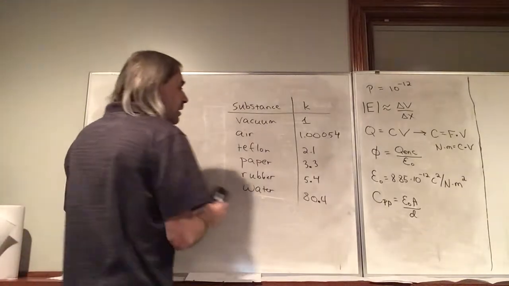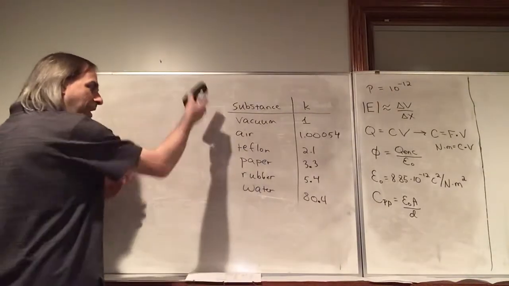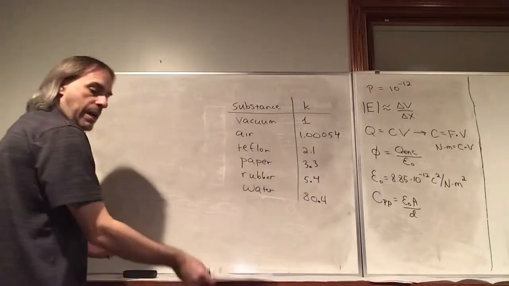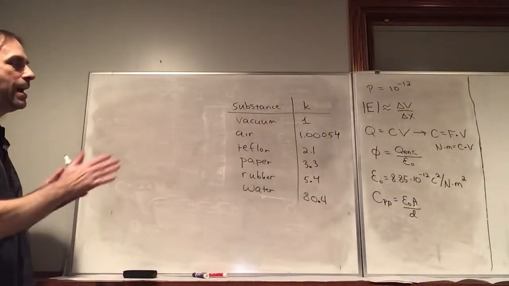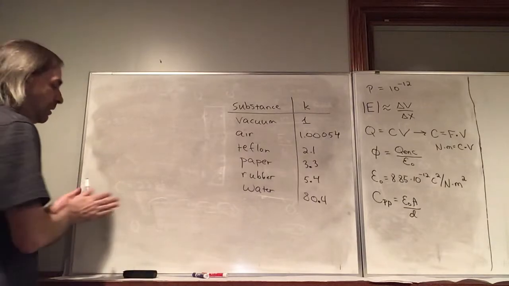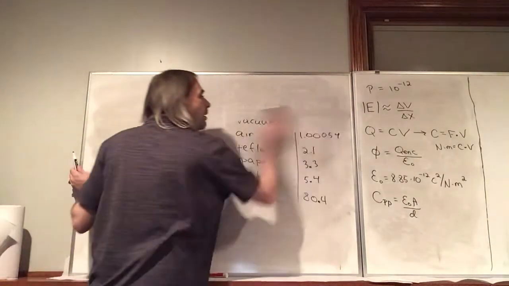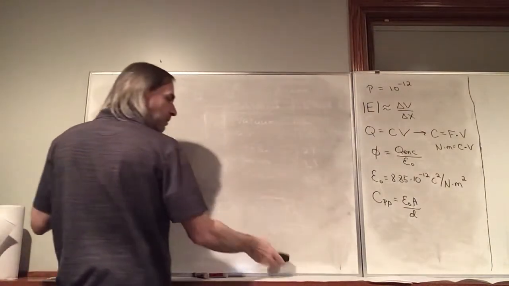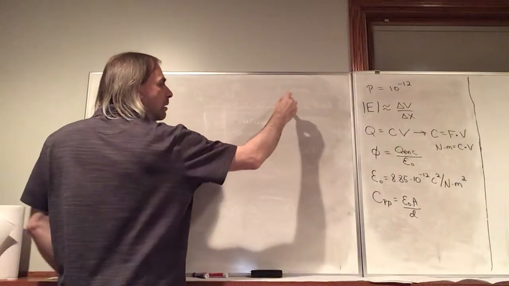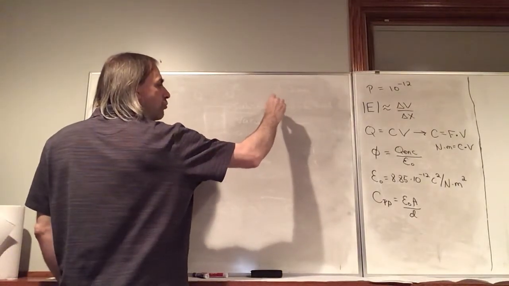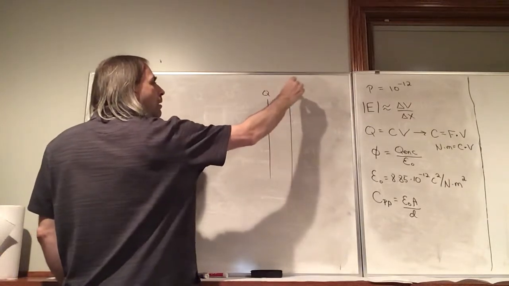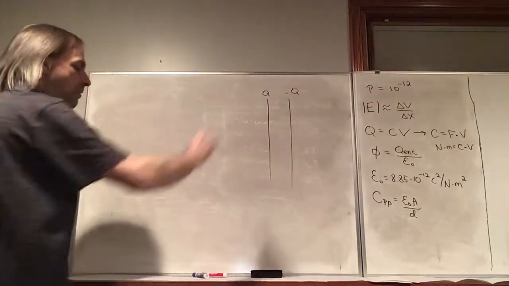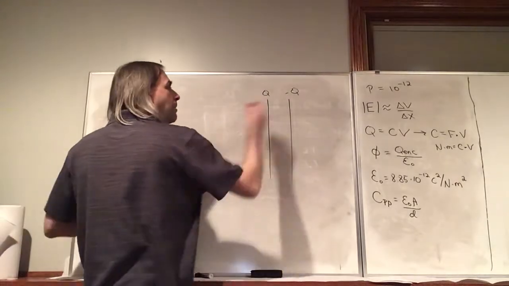Okay, so what effect does this dielectric have? Again, we can quickly go through how we found the capacitance. Okay, let's get rid of all this. Let's just draw a parallel plate capacitor. So there's an electric field going from, say, positive to negative.